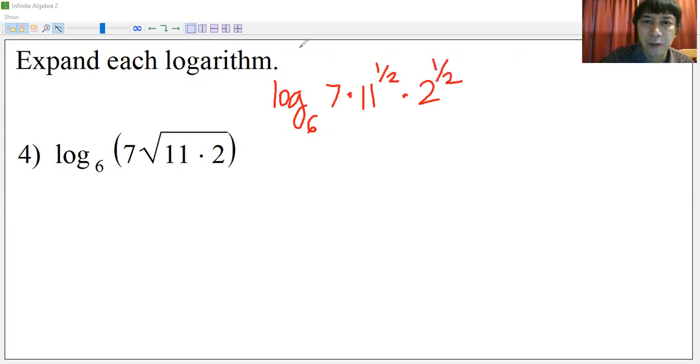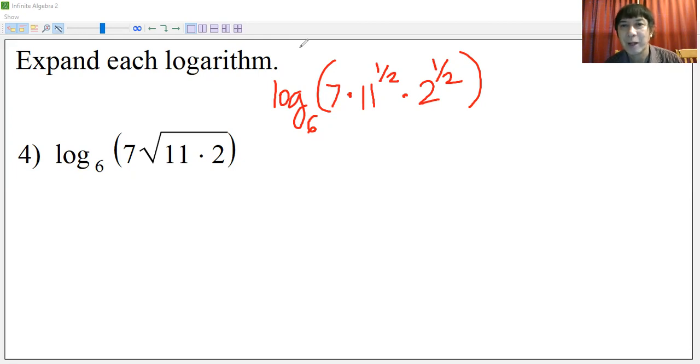Remember, the square root is exponent 1/2. So we can use the radicand 11 raised to 1/2 and the other factor 2 raised to 1/2. And so we now have the product of 7 times 11 raised to 1/2 times 2 raised to 1/2.